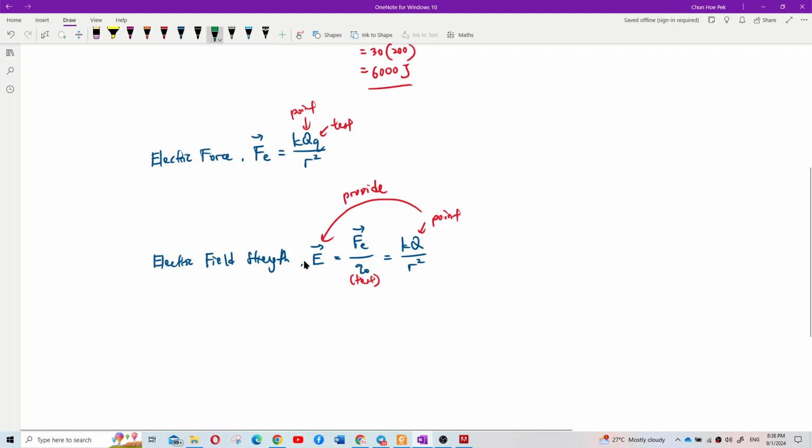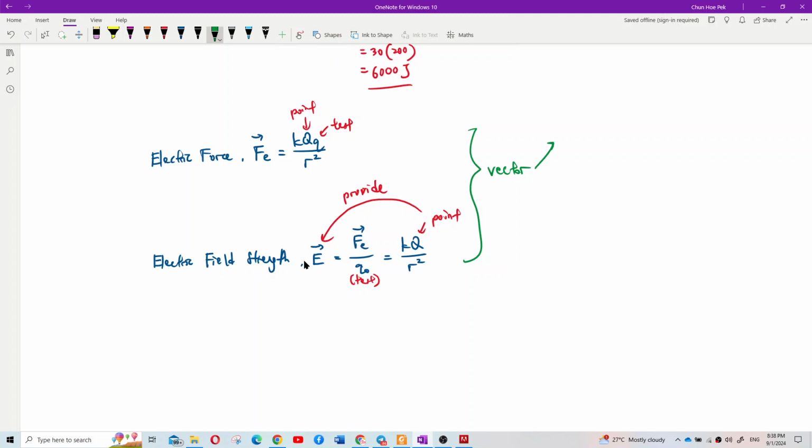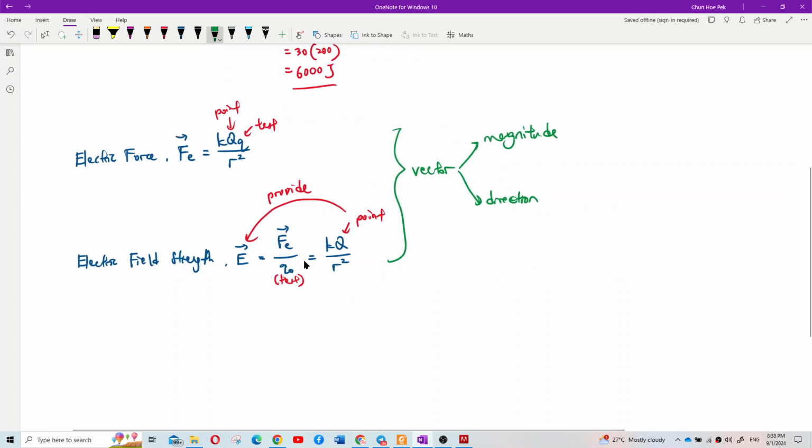Okay, class. These two, the force and electric field, both are vectors. Vector means they have magnitude and also direction. Correct, class?